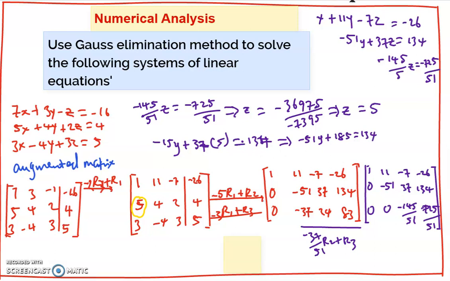Take this 185 to the other side, and you simply get 51. Therefore, our value for y is going to be equal to 1.